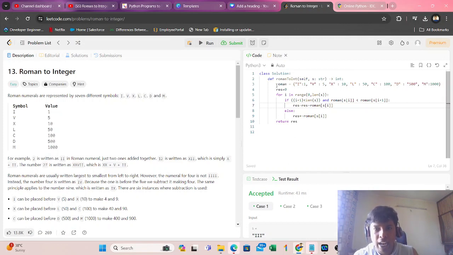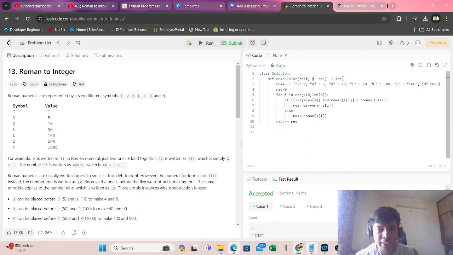I have taken a hash map where I have stored all the important symbols that have been given to us, and a hash map is written inside curly brackets, with I as 1, V as 5, and so on. This is res, my output variable, which will contain the final integer value. S is the string where the input Roman numeral would be given.